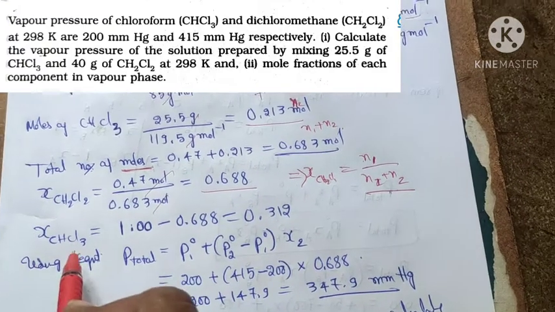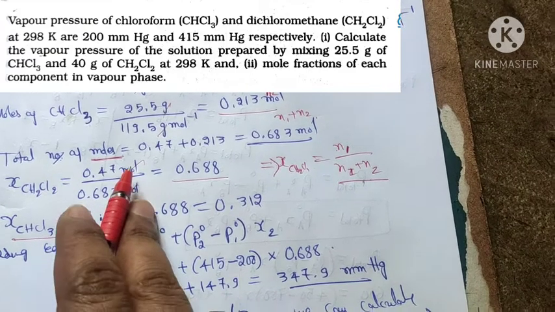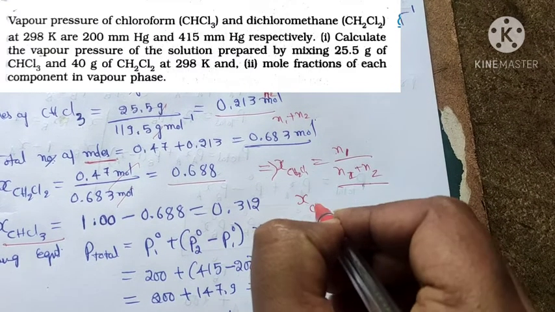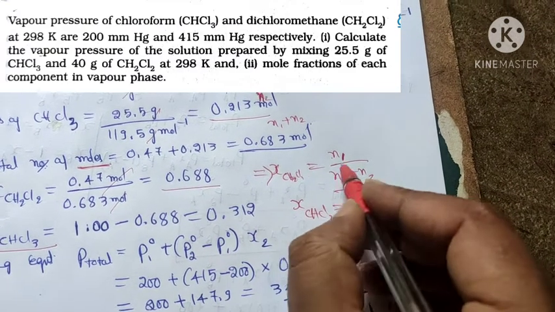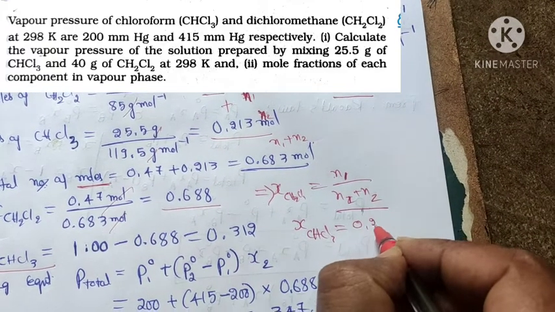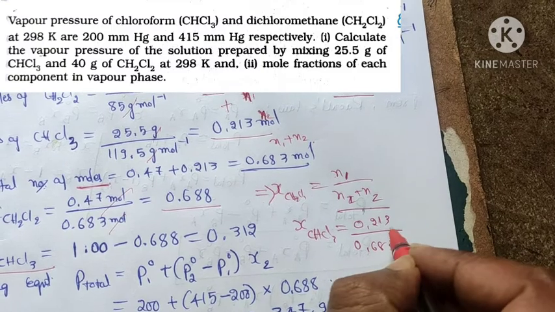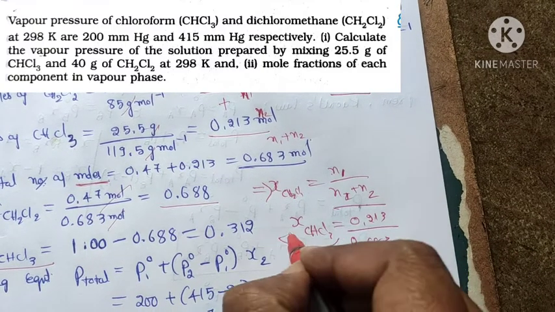Same as like that, we can calculate chloroform CHCl3 using 0.213 and 0.683. ಈ ಥರ ಮಾಡಿ ನಿಮಗೆ ಇದೇ ವ್ಯಾಲ್ಯೂ ಬರುತ್ತೆ.